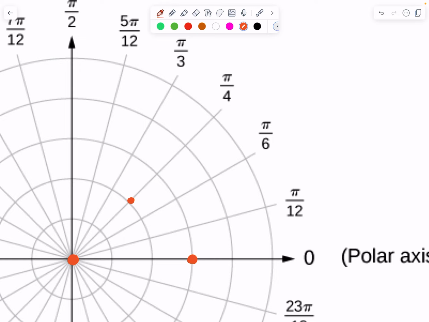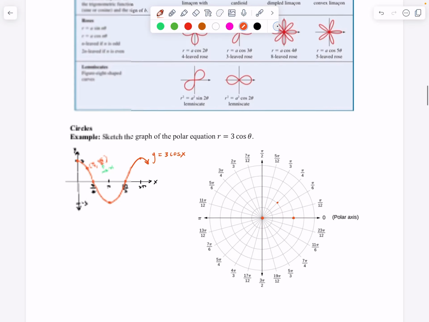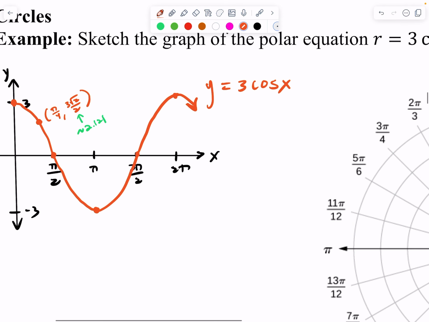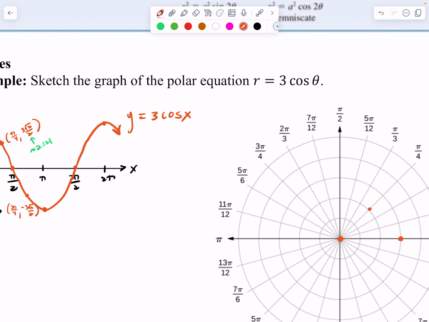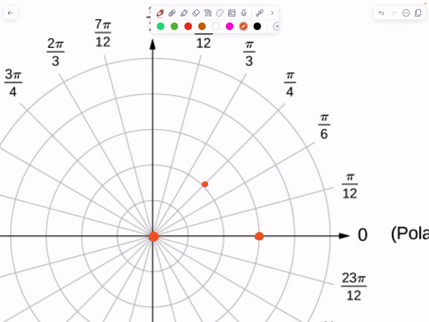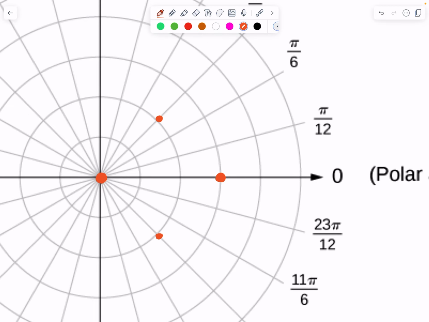And then we could do 3 pi over 4, comma negative 3 root 2 over 2. So negative 2.121. Going over to 3 pi over 4, since r is negative, that means we're counting in the opposite direction. So we have 4 points.